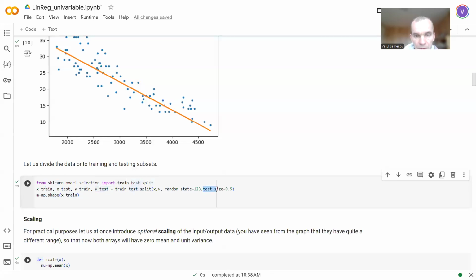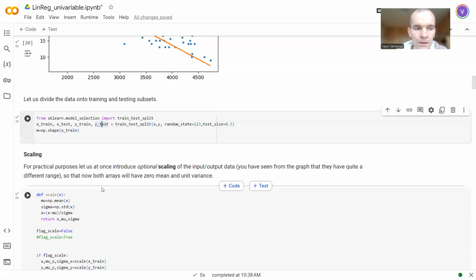We can set here the percentage of the test data and also a randomization parameter which arranges the random subdivision of our initial data set into these two subsets. Again, we have a train data set for training and a data set for testing.